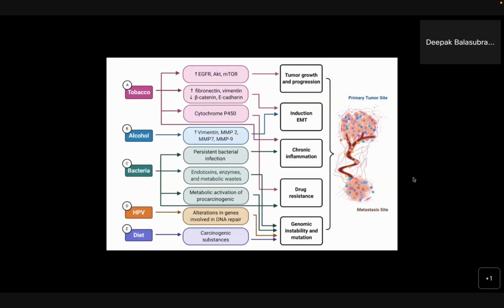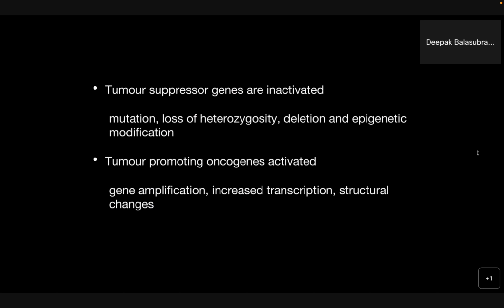And the metabolic waste and their activation are pro-carcinogenic and cause drug resistance. HPV and diet cause genomic instability and mutation, and all of this affects the way that the tumor progresses and metastasizes based on the exogenous factors.